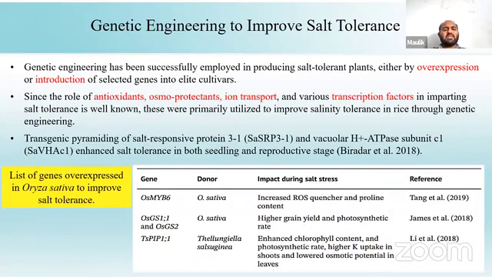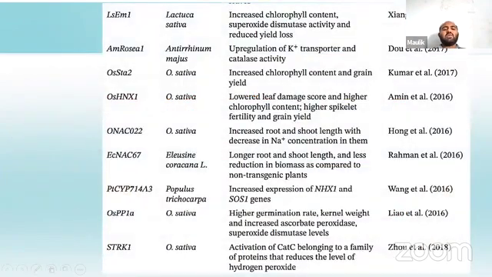These are genetic engineering approaches, meaning overexpression or introduction of various genes to develop varieties. So, this is the list of genes which are used in Oryza sativa to improve salinity tolerance. See, these are all the genes which are responsible for salinity tolerance.